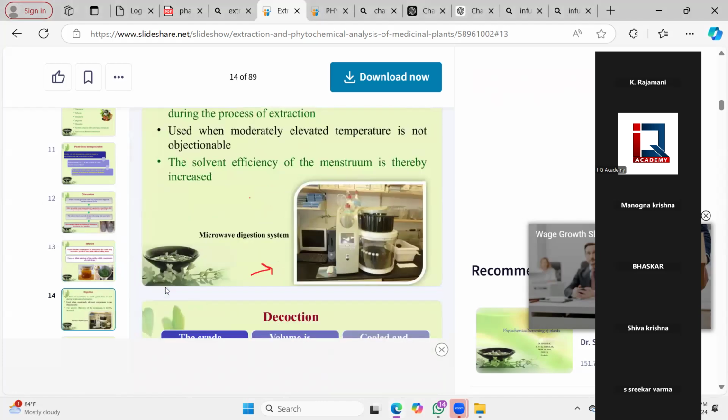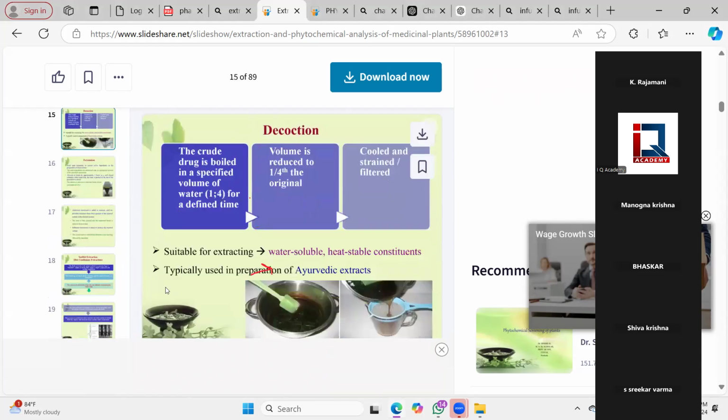Then digestion is not very necessary. In decoction, as you already know, we boil the crude drug in hot water or the hot solvent. That is called decoction. The crude drug is boiled in a specified volume of water, 1:4, for a defined time. Volume is reduced to one fourth of the original, then cooled, strained and filtered. So decoction is the oldest technique which we can see.